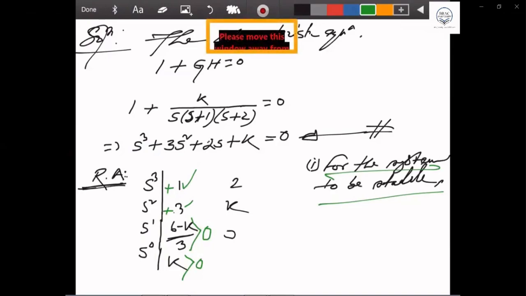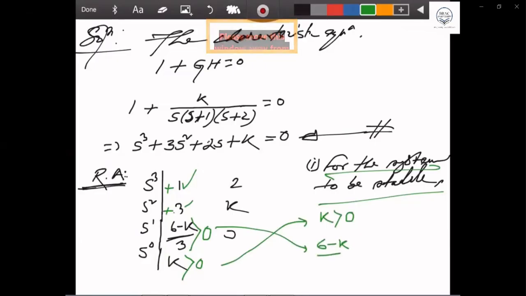From these two conditions, the first one is K is more than 0. The K value is greater than 0. Another condition is coming from here, which is 6 minus K divided by 3 is more than 0. So K will be what? Can you tell me?